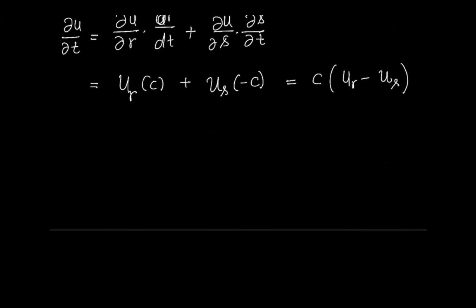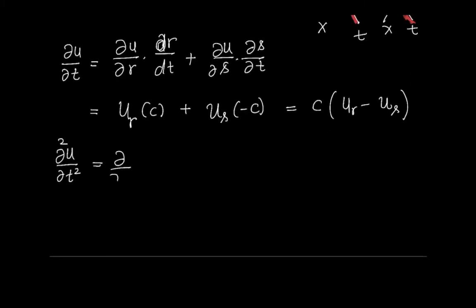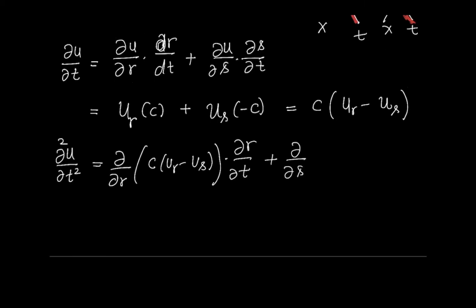Okay, let's do one more time the same chain, for the second derivative u t t. This time, the same chain: the derivative of this, c times u r minus u s, and then the derivative of r with respect to t. This is going to be again d over ds, because this time u is replaced by this u s u t.